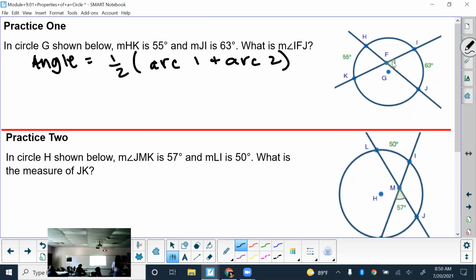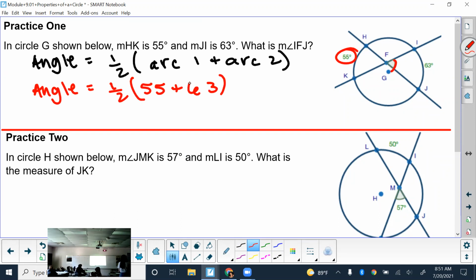It's asking for what this missing angle measure is. So we're solving for the angle. So since we're solving for the angle, we'll just write that as angle. And plug in the arc 1 value. What would that be? Good. Find that right here. And the arc 2 value is 60.